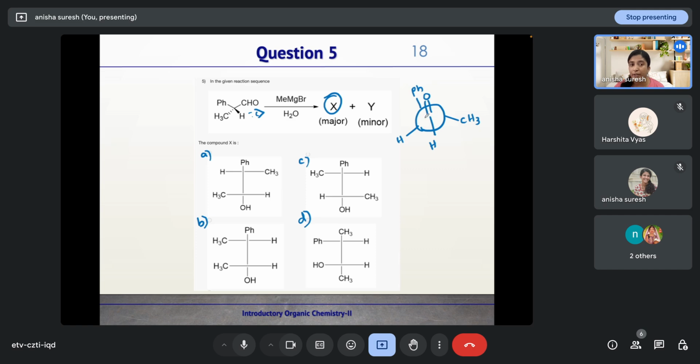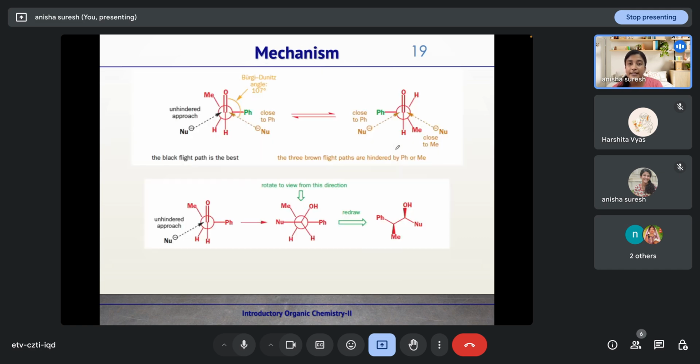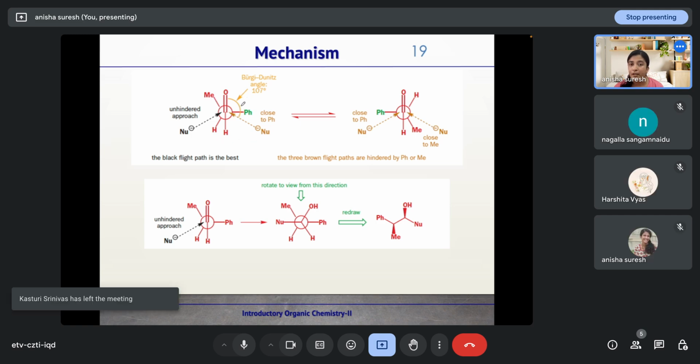So in the Felkin-Anh model, we have seen that the attack will take place from the less hindered direction. So the nucleophile will be coming and attacking from this side. Before that, we will see how the mechanism of the Felkin-Anh model is taking place. So this is the system. There are four possibilities for attack of the nucleophile.